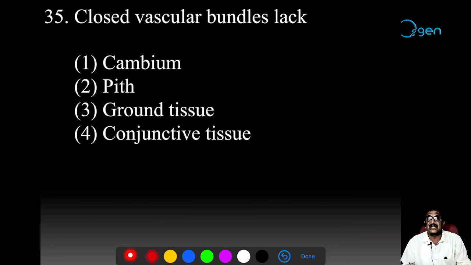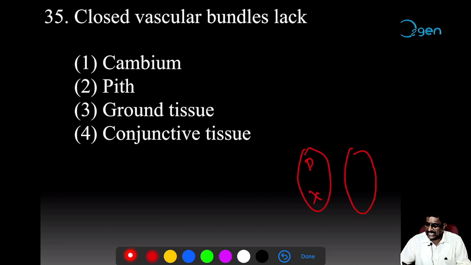Next, closed type of vascular bundle lacks... Whenever in the vascular bundle the phloem and xylem are joined and a cambium develops between these two, separating them, it is called an open type of vascular bundle.